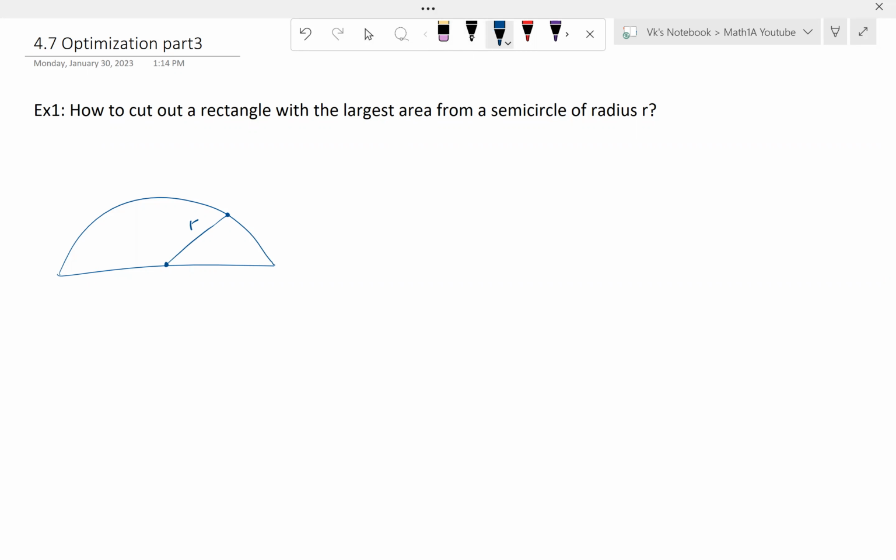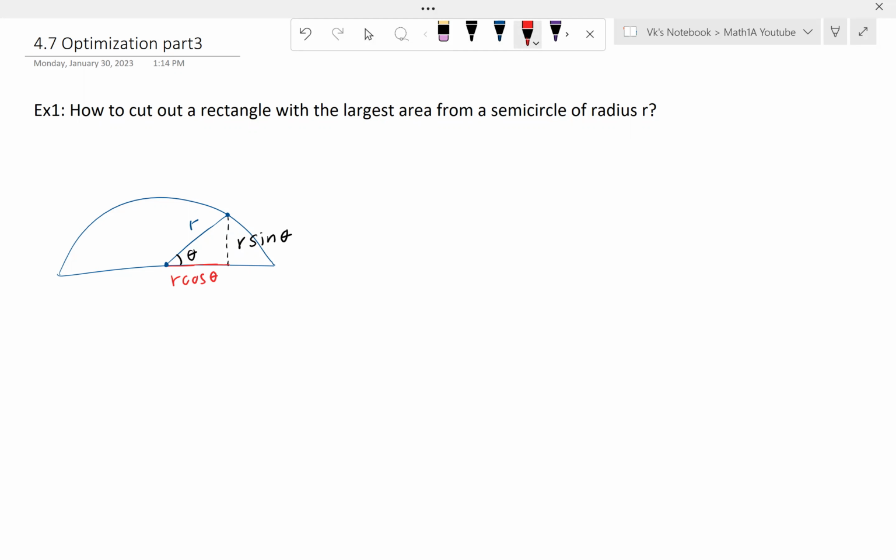We can take this as the angle theta. So on one side, we have r sine theta. On the other side, we have r cosine of the angle theta.